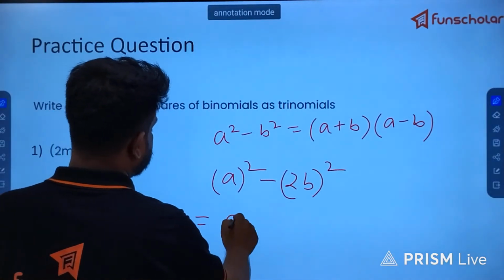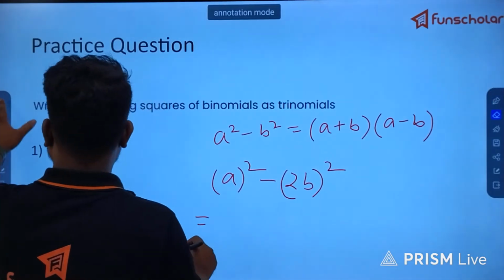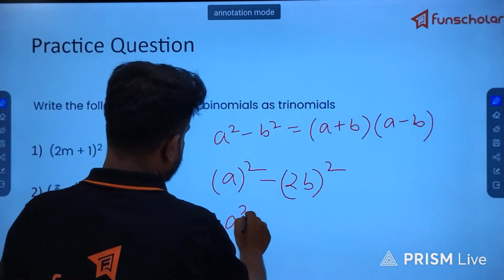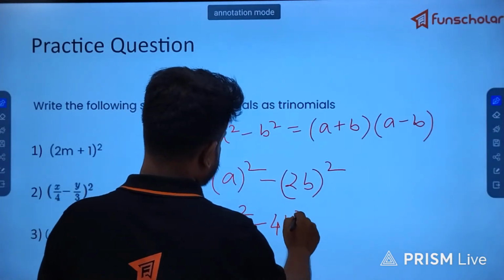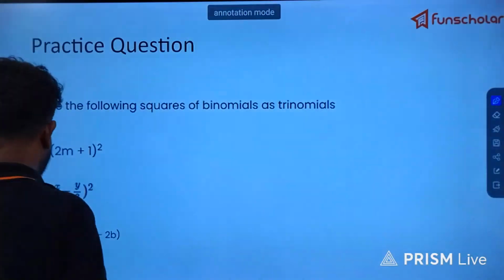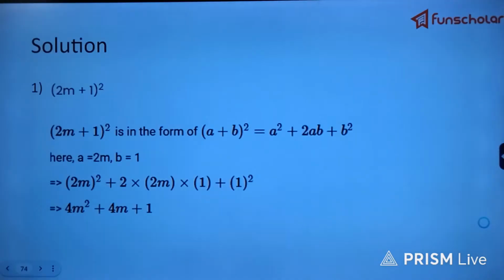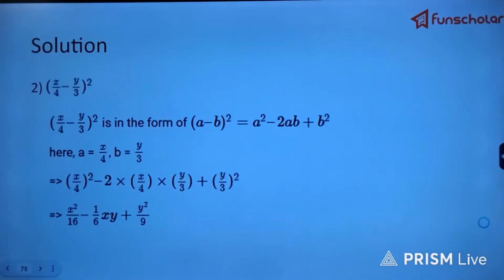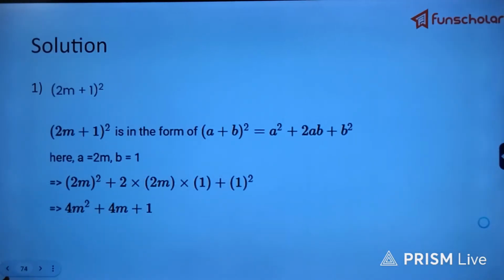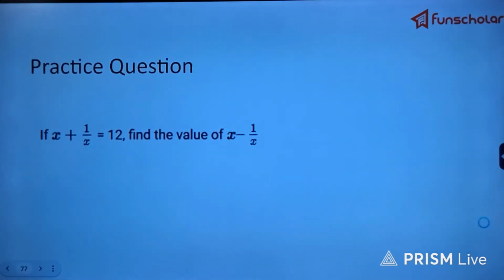So the final answer will be a square minus 4b square. Okay, done. The next one, yes, they have done it like this. It has also been done like this and also like this.